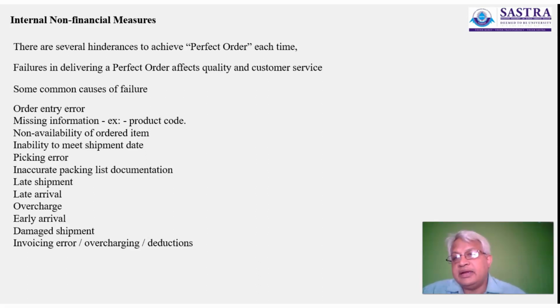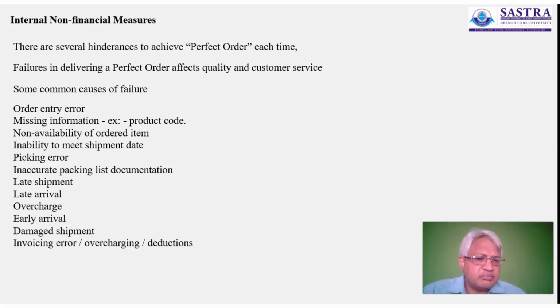There are several critical aspects that come into delivering a perfect order each time a customer orders, and that affects customer quality, customer satisfaction, etc. And there are certain common causes, listed below in front of you, which fail the company's perfect order objectives.